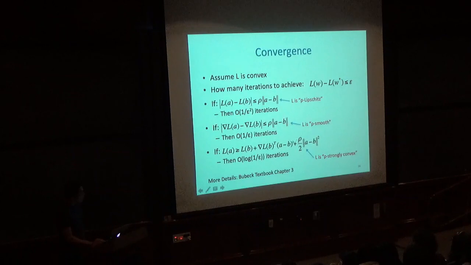And if the objective function is strongly convex, which basically means it looks something like a quadratic function with really strong curvature, then it only takes log of 1 over epsilon iterations to converge to the global optimum within epsilon. If you're interested in this style of analysis, it is beyond the scope of this class to go into these things in depth, but you can look at one of the free online textbooks linked from the course website.